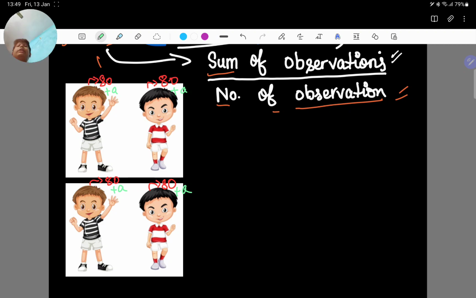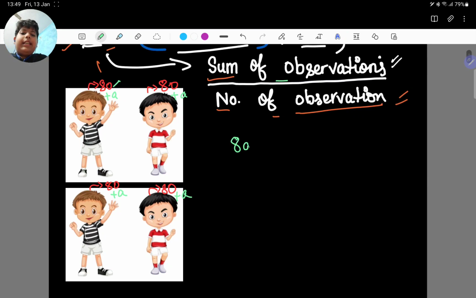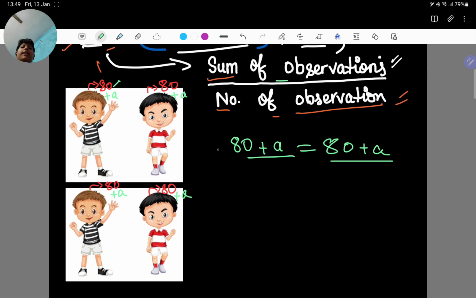As we know, when all the observations are the same, the average will also be equal to one observation. For example, we had 80, 80, 80. The observations were the same, then the average was also the same. So this time we have 80 plus a, 80 plus a. All have 80 plus a. Is this equal?